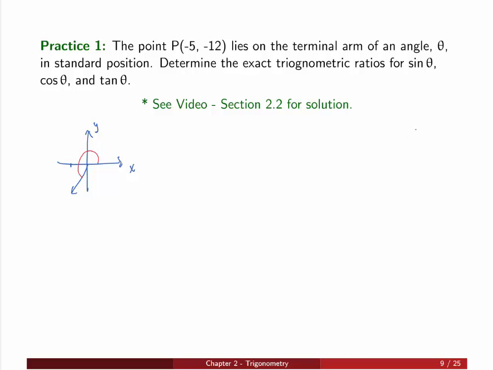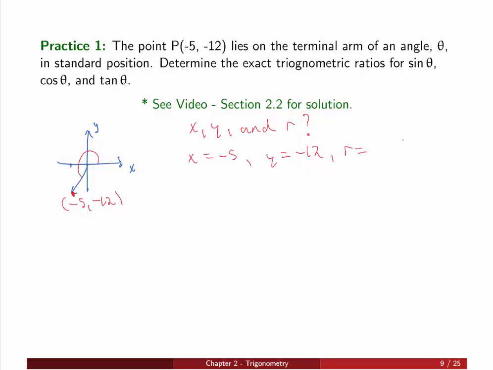We're looking to determine all the values of x, y, and r. We know that this point right here is (-5, -12). So x is -5, y is -12, and we need to find r.